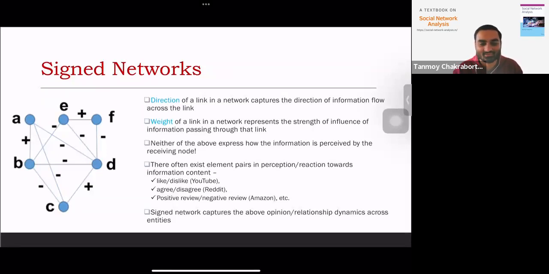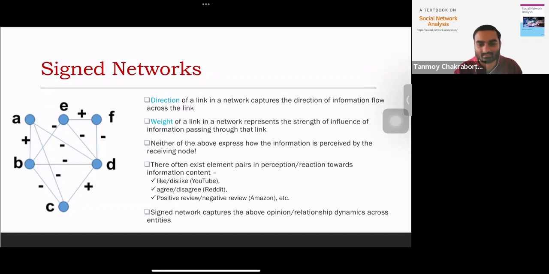In a citation network, you can cite a paper in order to criticize it, saying this paper is fraudulent, the result is wrong, and so on. Therefore the sign of that citation would be negative.